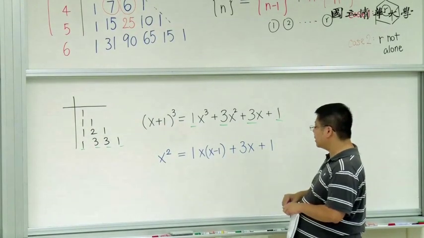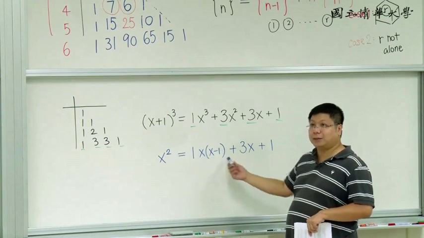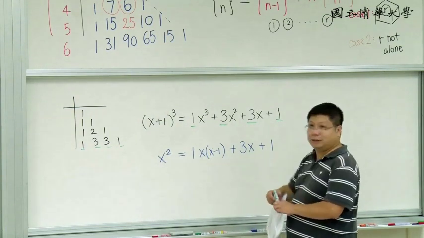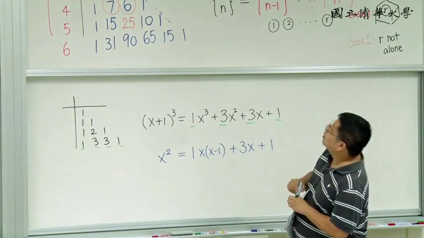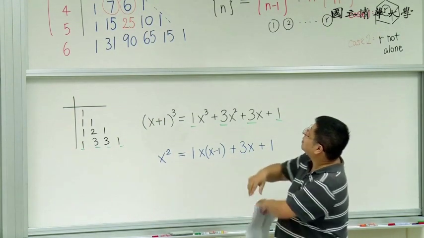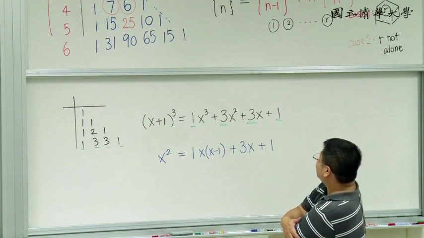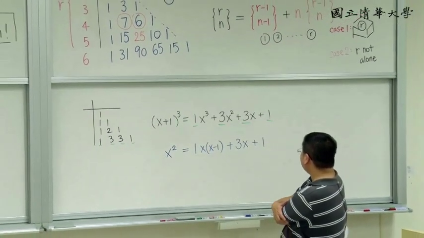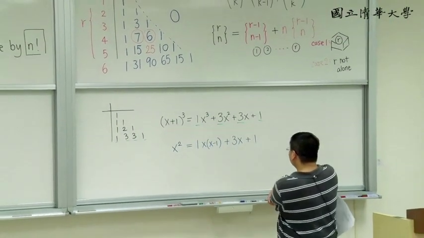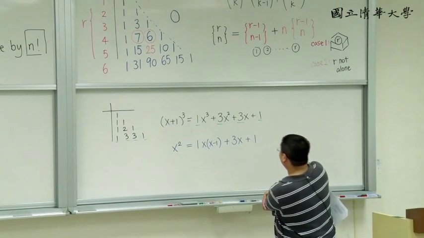Nothing special, I just try to write it as x times (x minus 1). Let's verify together. Did I make a mistake? So x squared, no. This is not correct, right?